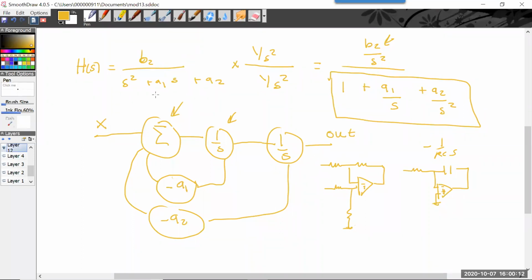And so I can skip a lot of steps by just looking at it, oh, it's S squared, that means I'm going to need 2 integrators. And it's going to be these just chained together, right? Because as the signal goes through here, that's a series type signal flow graph, right?